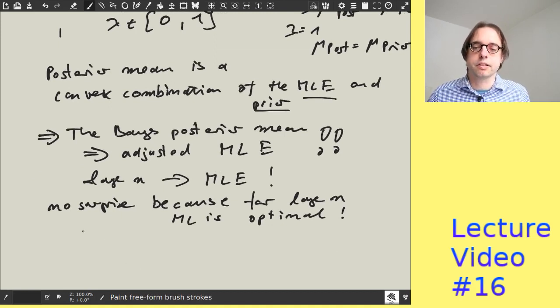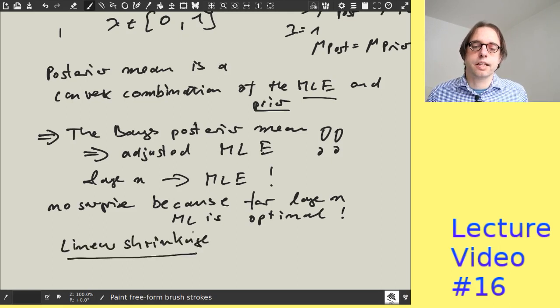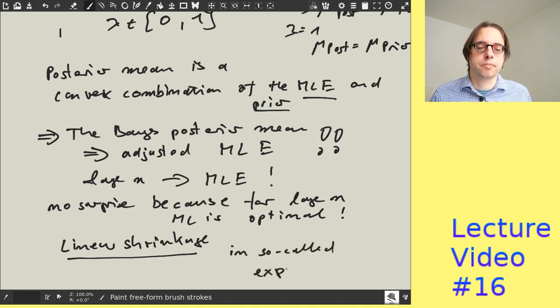Okay, so that's the second property. The second property was linear shrinkage, and this linear shrinkage is the case for this example, but it's also the case for many other models, particularly in the so-called exponential family.